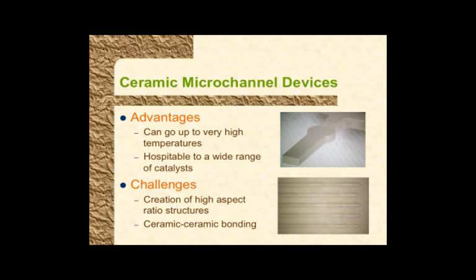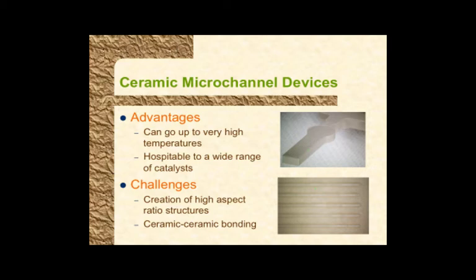So you injection mold alumina to create these kinds of spacings. Because alumina can withstand high temperatures and you can coat it with different catalysts, you can make high temperature reactors, for instance, and carry out certain kinds of reactions. They occur in much better yields in microchannel systems compared to others.